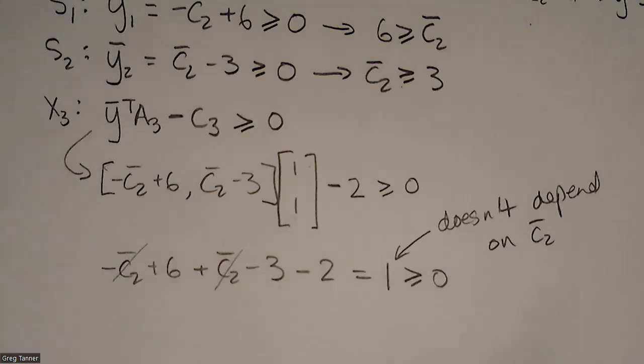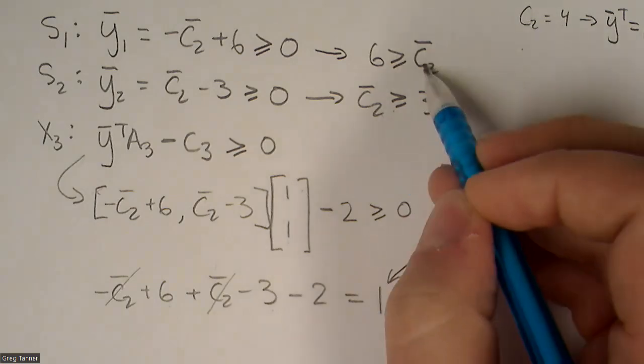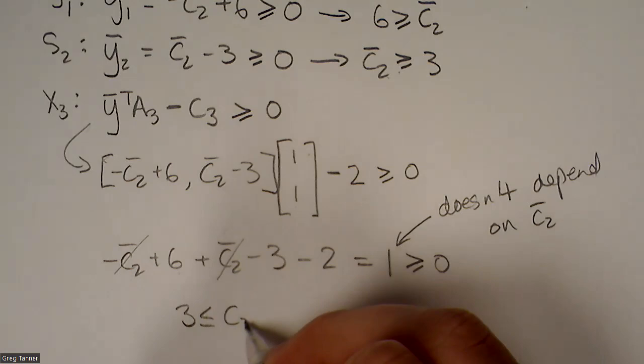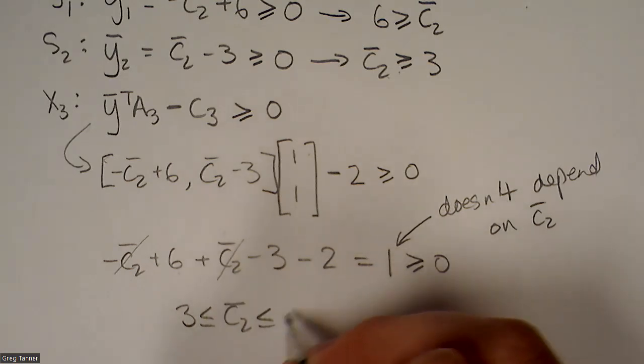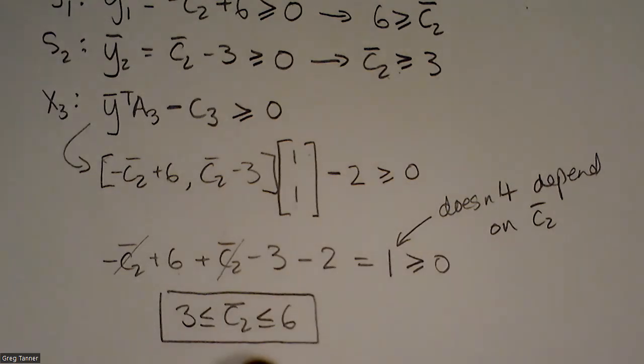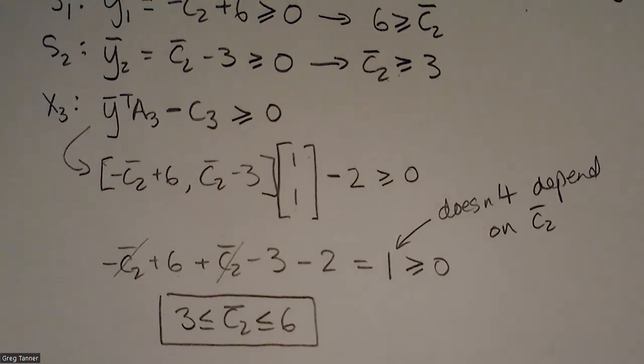And so let's go ahead and box in our final answer. The lower bound for C2 is 3, the upper bound is 6. And so we get 3 is less than or equal to C2 is less than or equal to 6. And so any value for that second coefficient of the objective that's between 3 and 6 will leave us with the current basis.